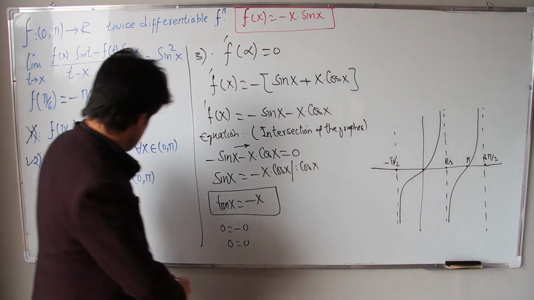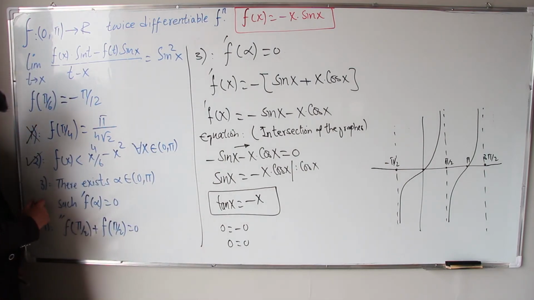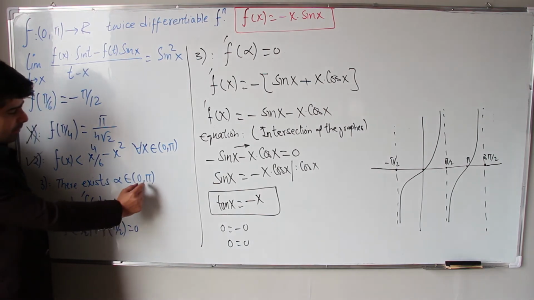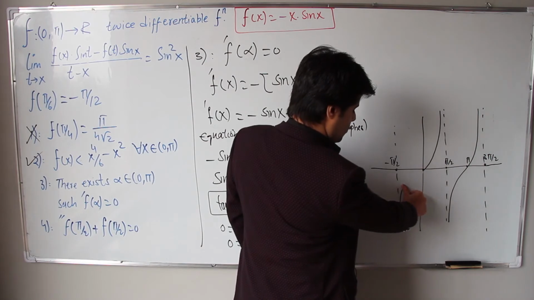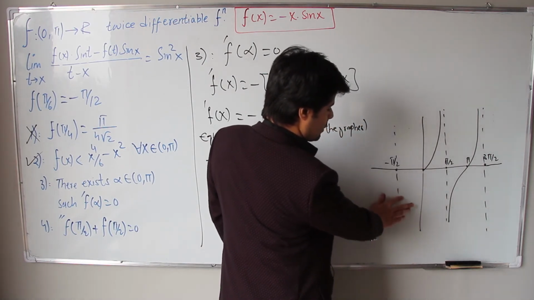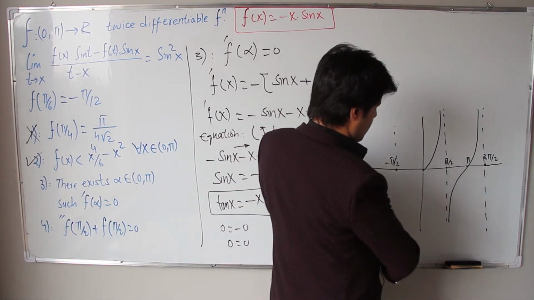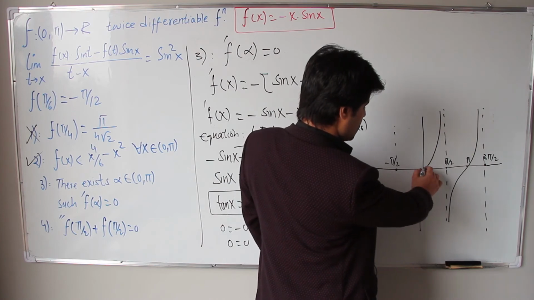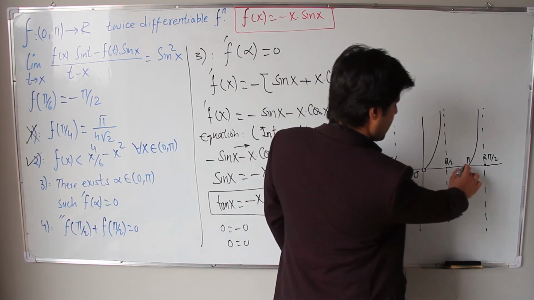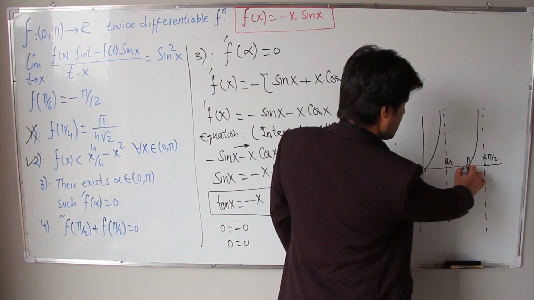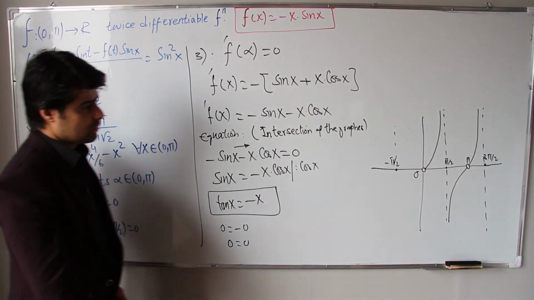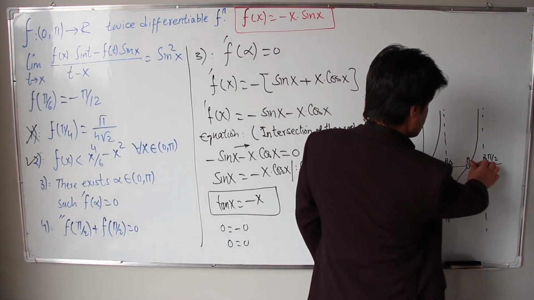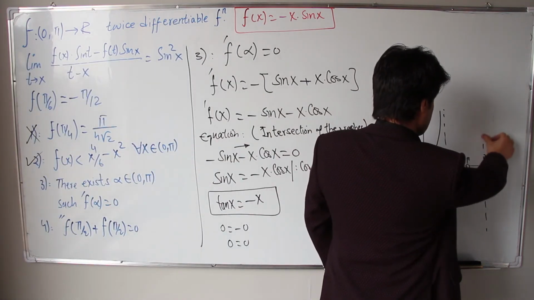But in this question the interval asked is 0 to pi. It means you have to erase this part of the graph. From where? Keep 0 to pi, and delete this part. We cannot include pi and we cannot include 0. It means delete this part.